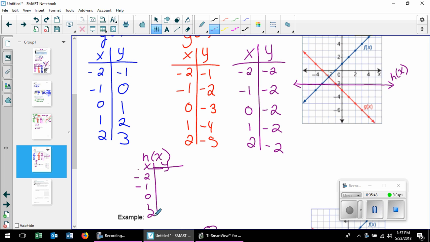What are my y values? 1 subtract a -1. 0. 0 minus a -2. +2. 1 minus a -3. How about +4? Okay. 6 and 8.